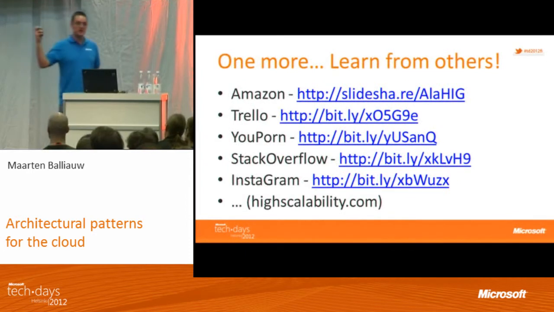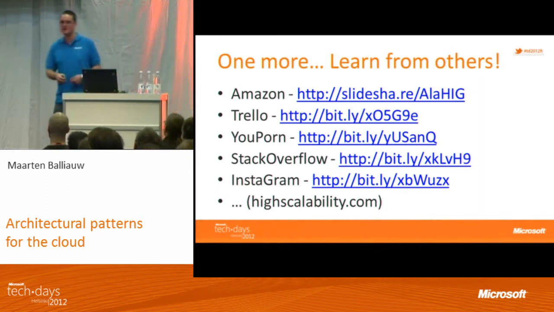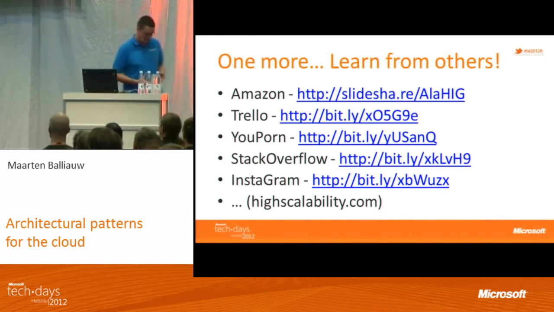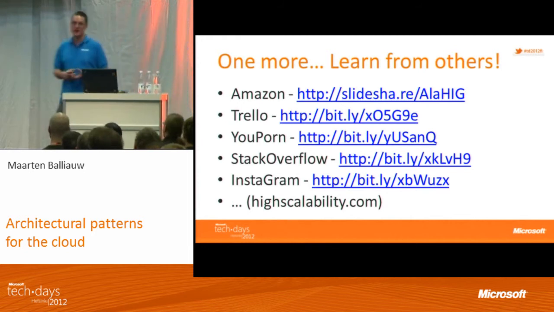Also, learn from others. There's a lot of good stories on the internet about how some people build their websites. Amazon, for example, has a slide deck on SlideShare, which also covers how you can build your application for fault tolerance, for a lot of users, for scalability, stuff like that. Trello is also a very interesting case.